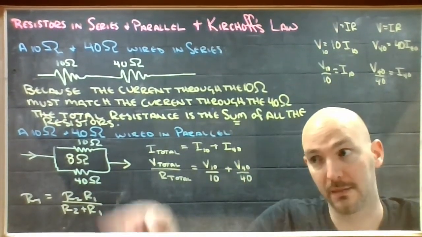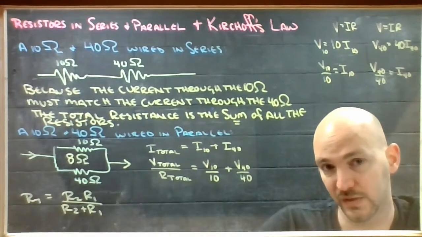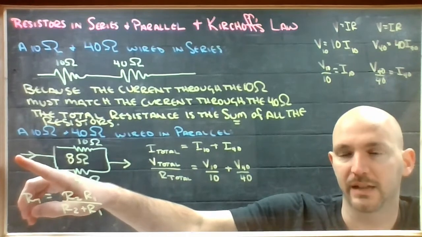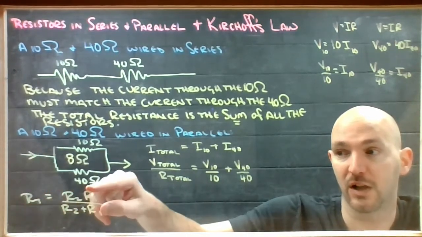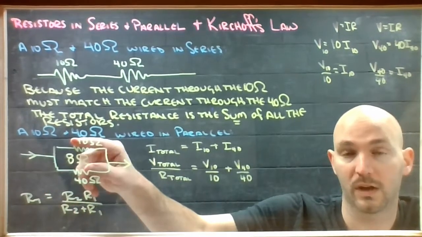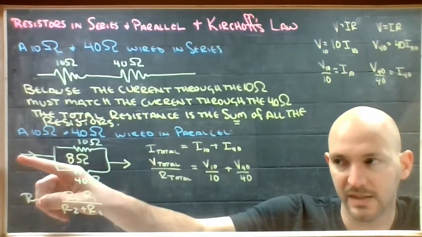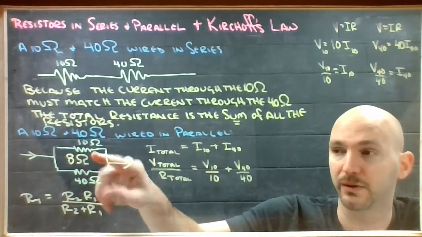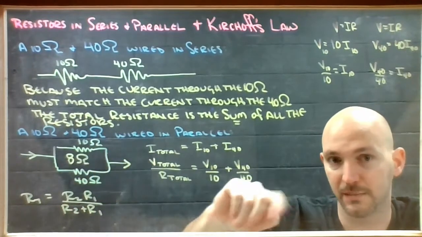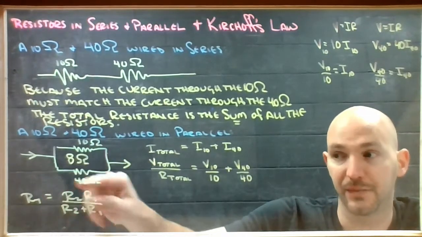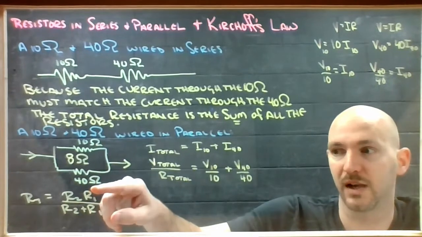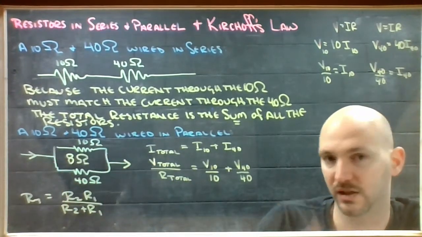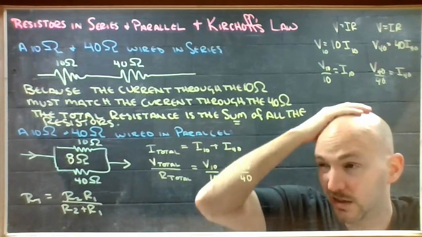And remember, way back at the beginning, when I just introduced this idea of parallel, is that this battery dumps all of its energy on this one or on this one. So if this is a 9-volt battery, then this resistor must absorb 9 volts because there's nothing else in the pathway to absorb it. And this resistor must also absorb 9 volts because there is nothing in the pathway to resist it or to take any of the extra.